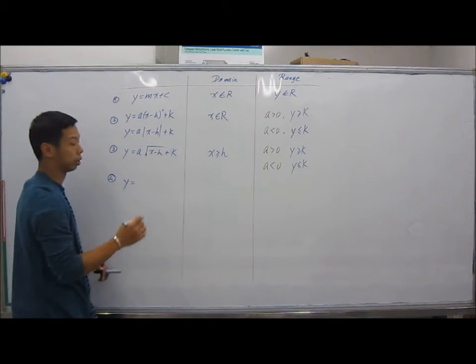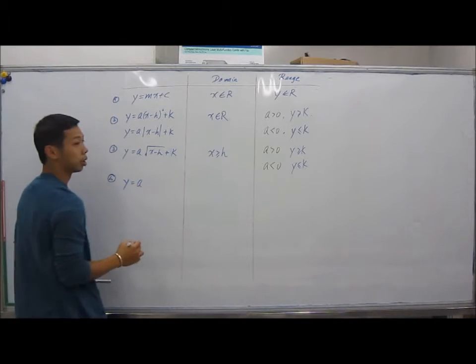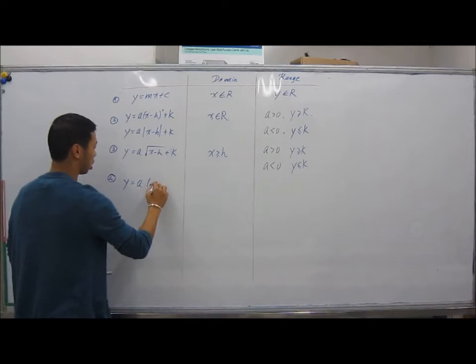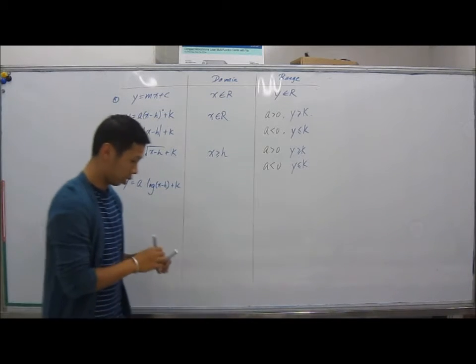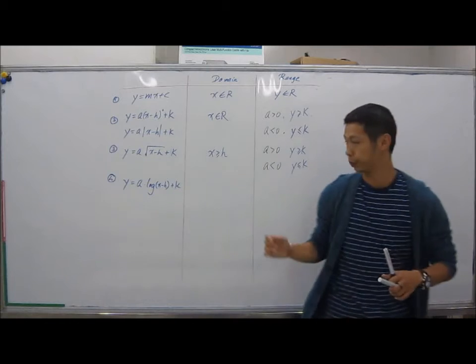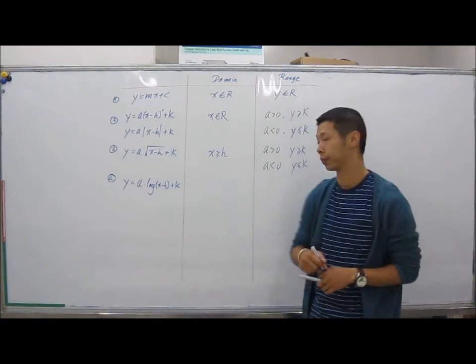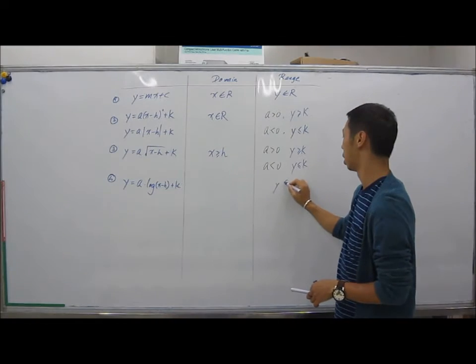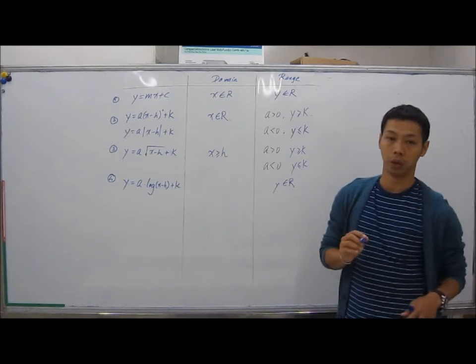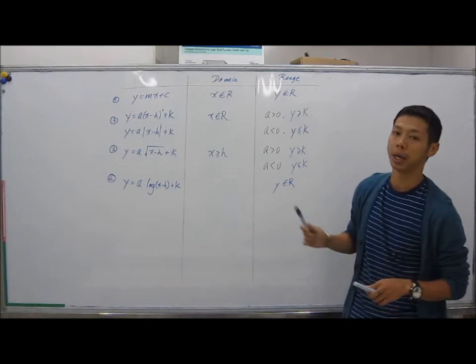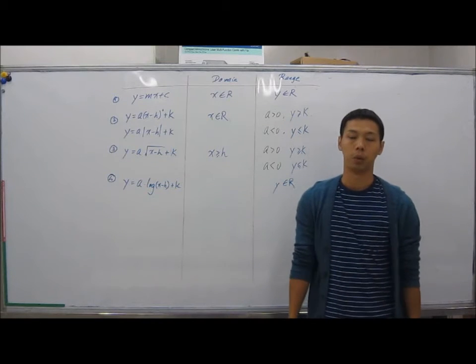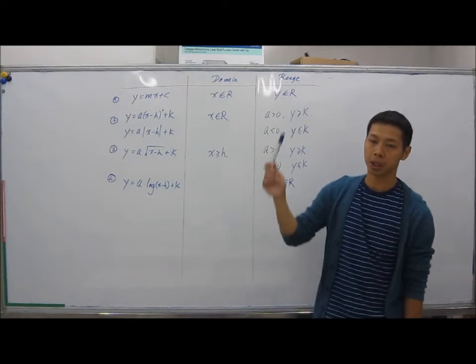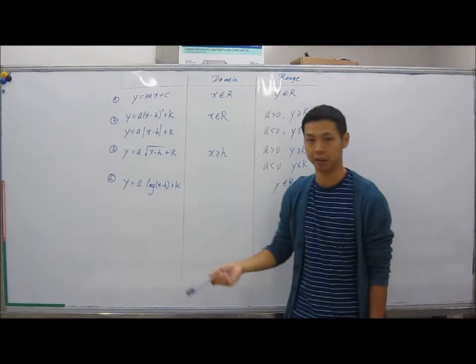Okay, the fourth part. y equals a times log of x minus h, plus k. Here, for the range, just one thing: y is all real values. This time, y can be all real values because the result for log can go from positive infinity to negative infinity.